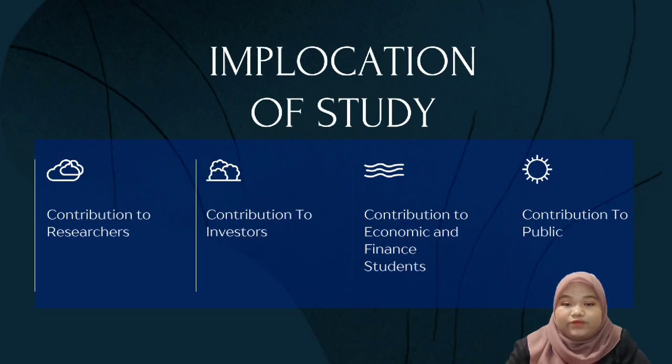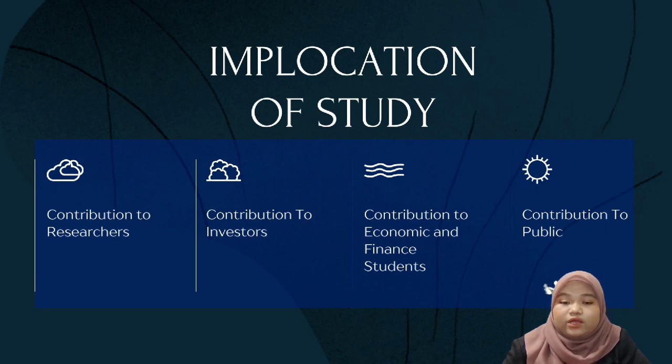Next is the implication of the study. The first one is contribution to the researcher. It will help the researcher to have a better understanding and serve as a reference for study in providing clear proof and powerful prospective findings. The second one is contribution to the investor. It contributes information and boosts investment decision making, which has a significant effect on economic growth.